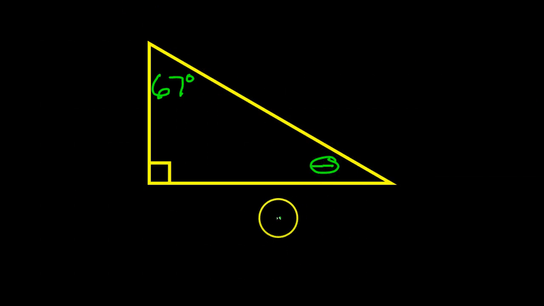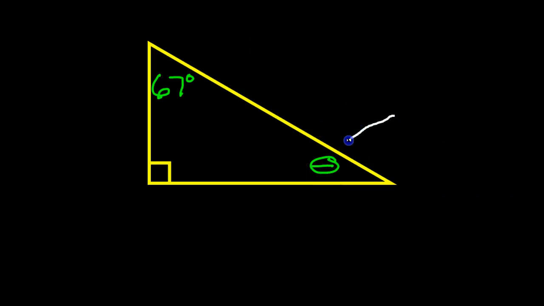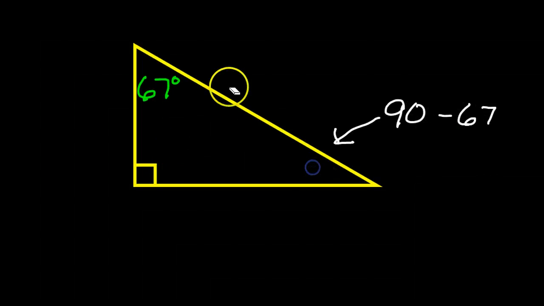If I needed to calculate it, I would go, okay, 90 minus 67, because that would give me the number that would make this add up to 90. So in this case, that would be 23 degrees.